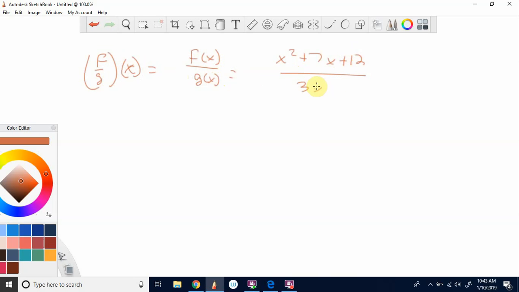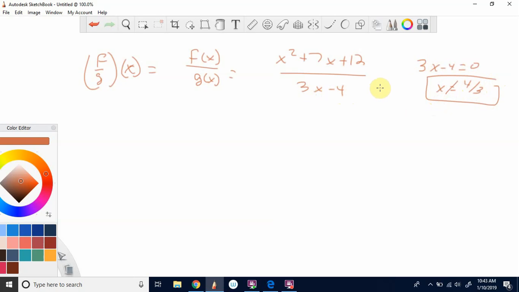And g(x) is 3x minus 4. However, I have a variable, so I have to find out when does that equal 0: at x equals 4/3. Because when x is 4/3, that's going to make this 0, which will make it undefined. So x cannot equal that. So that's the restriction on the domain.